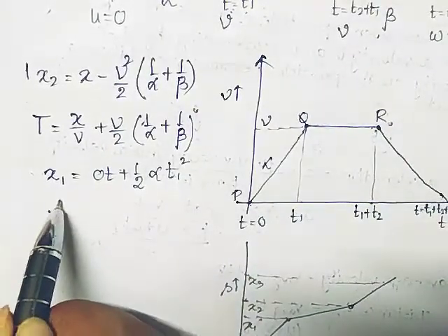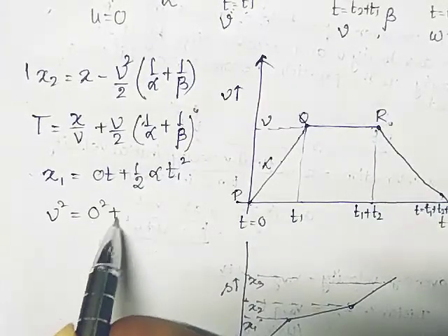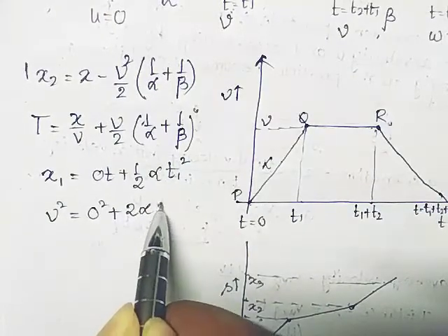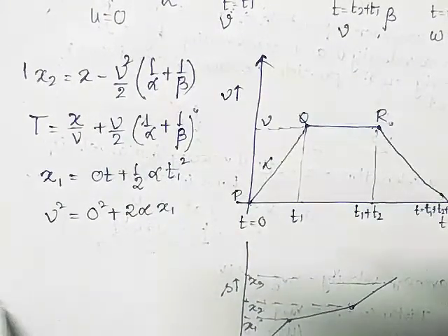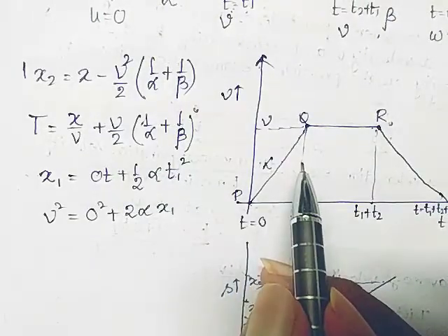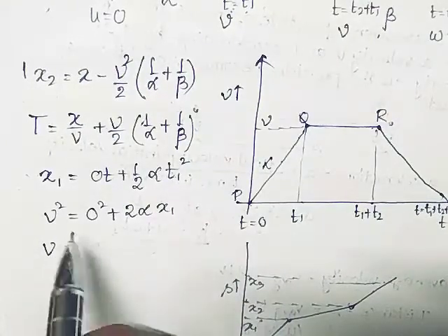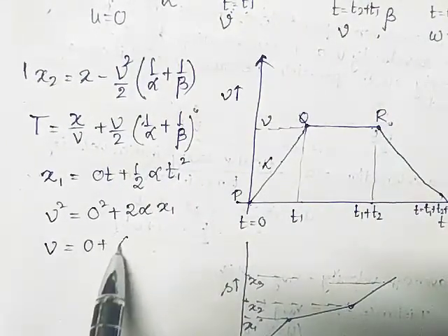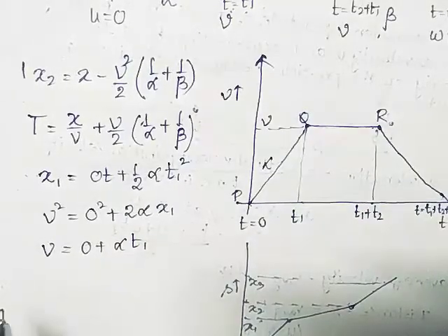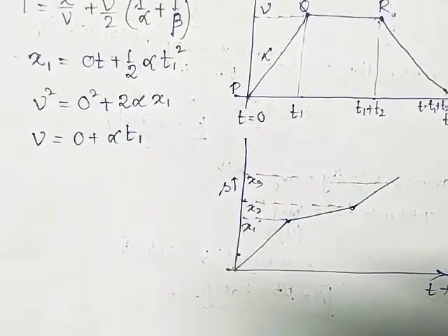We can also write v square equals 0 square plus 2 into alpha into x1. And another equation of motion: v equals 0 plus alpha into t1. So these are the three equations of motion for the first event.